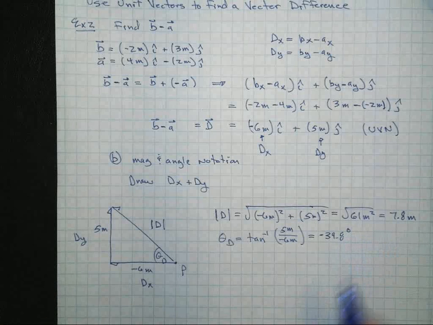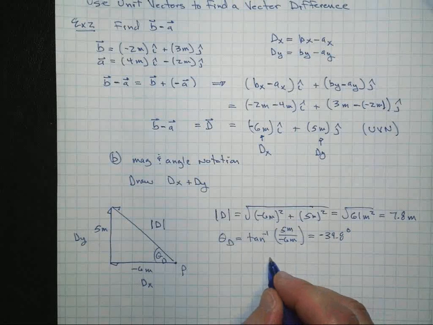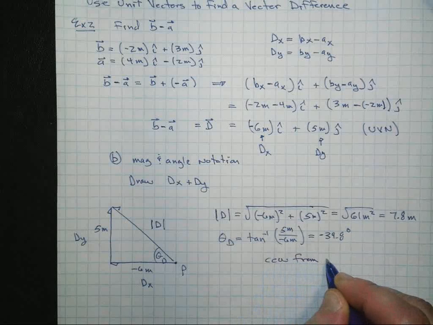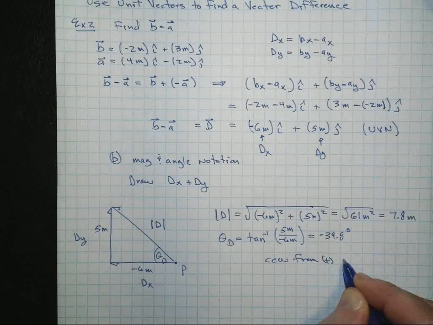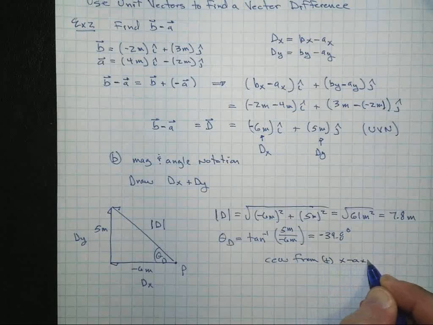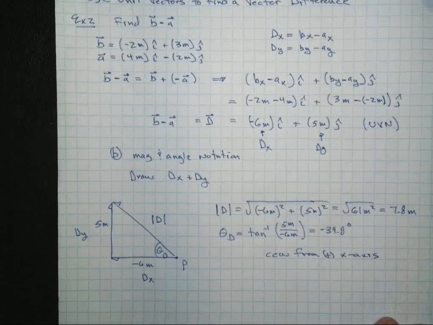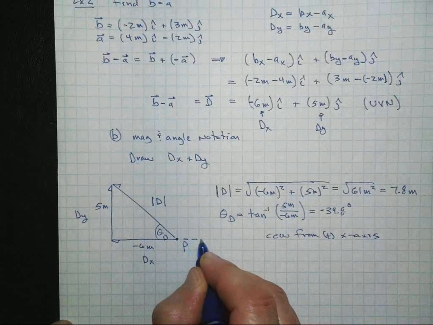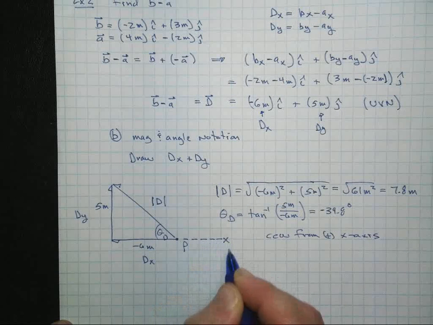Now, if I wanted to get the angle counterclockwise from the positive x-axis, we would want to take a look at how to do that. If I go back to the drawing, everybody, here's the positive x-axis right here. I've just highlighted it.